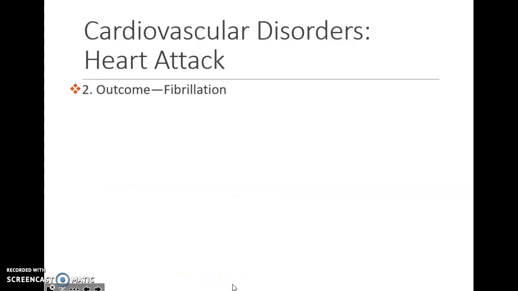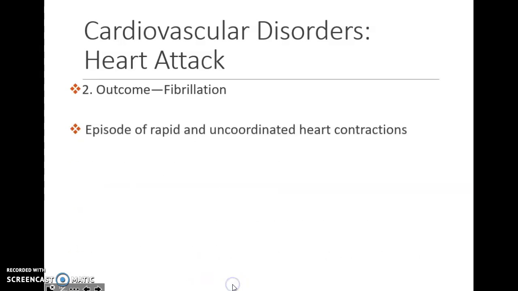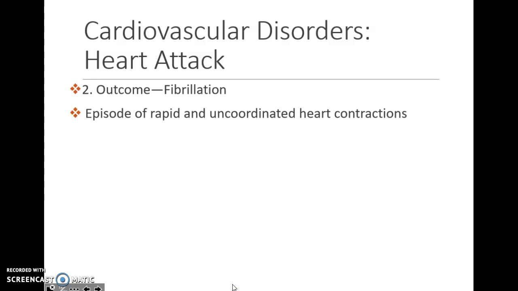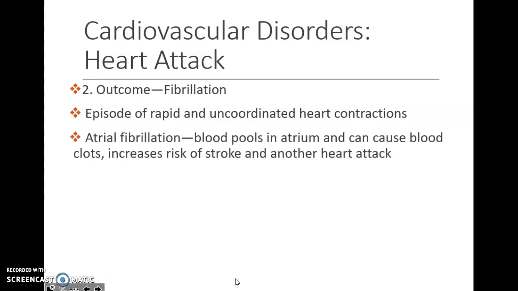Another outcome is fibrillation, which is a tough word for me. Fibrillation, it's the episode of rapid and uncoordinated heart contractions. So why would that be bad? Well, if you have atrial fibrillation, the blood pools in the atrium because your atria is not coordinated and it's not just doing one pump to get all that blood into the ventricle.